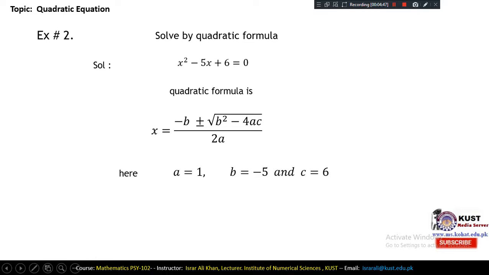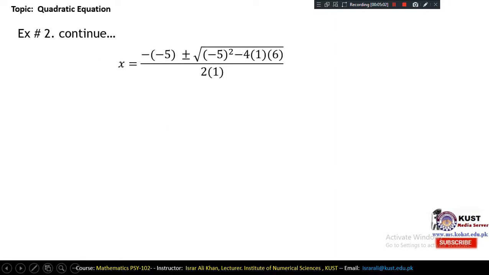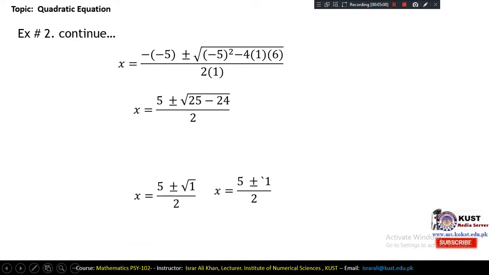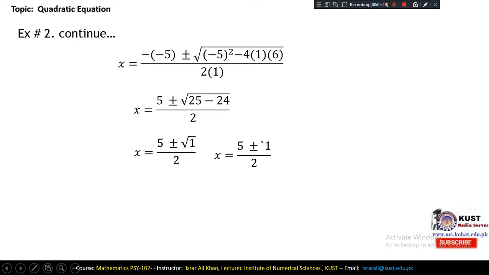Now we plug these values into the quadratic formula. x equal to minus minus 5 plus minus the square root of 5 square minus 4 times 1 times 6, divided by 2a. So x equal to 5 plus minus the square root of 25 minus 24, divided by 2, and x equal to 5 plus minus 1 divided by 2.